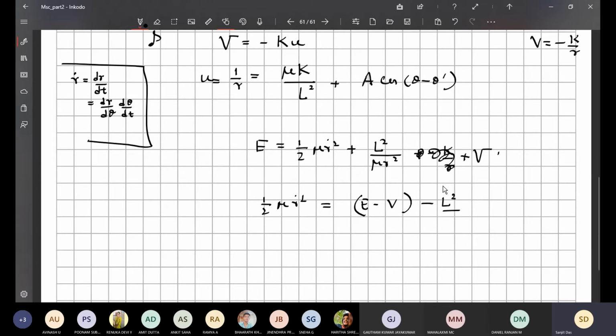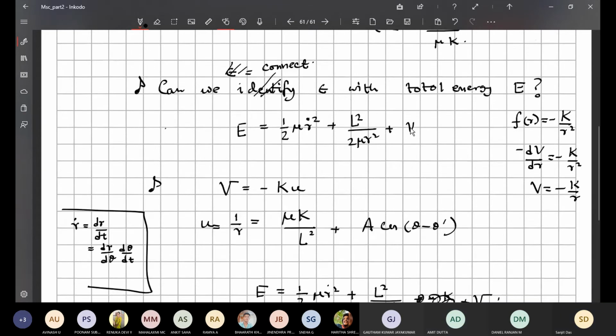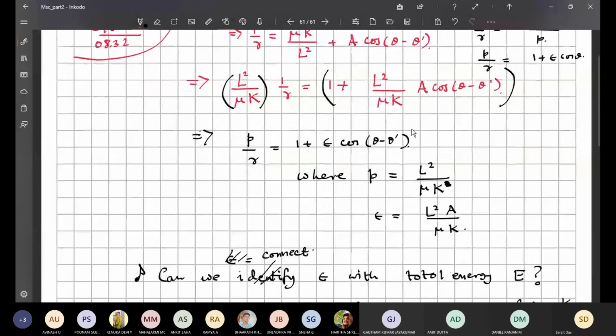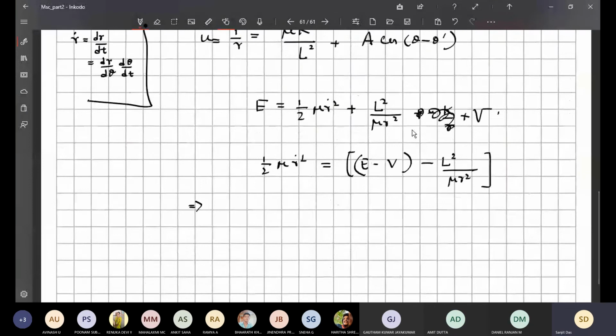Another thing will come, L square by 2 mu r square. Correct.